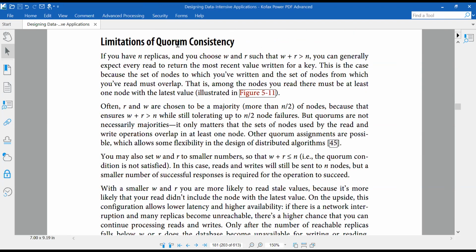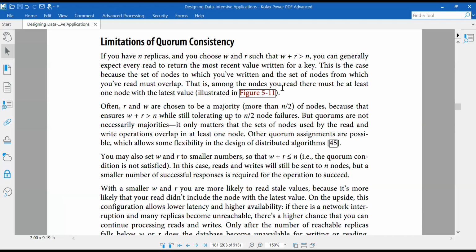Moving ahead, limitations of this quorum consistency. If you have n replicas and you choose W and R such that W plus R is greater than N, you can generally expect every read to return the most recent value written for a key. This is the case because the set of nodes to which you have written and the set of nodes from which you have read must overlap.